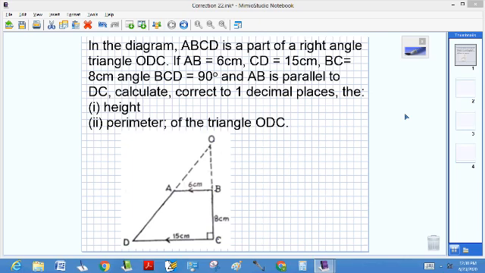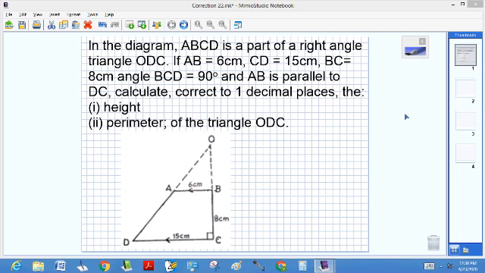From the diagram, we have two triangles that are similar, which are triangle OAB and triangle ODC. They are similar triangles because they have corresponding equal angles.